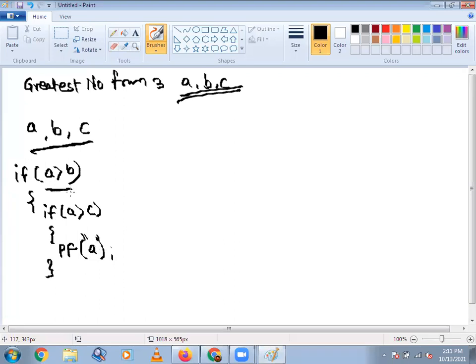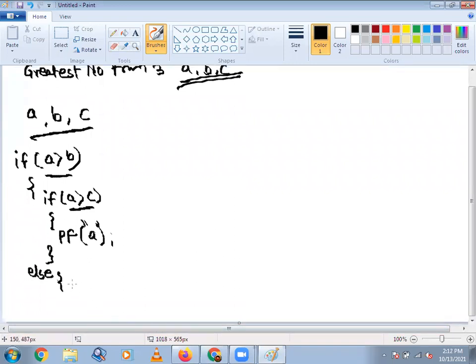Suppose A is greater than B is true, but A is greater than C becomes false, then I will check if B is greater than C, and here I will write printf B is the greatest number.